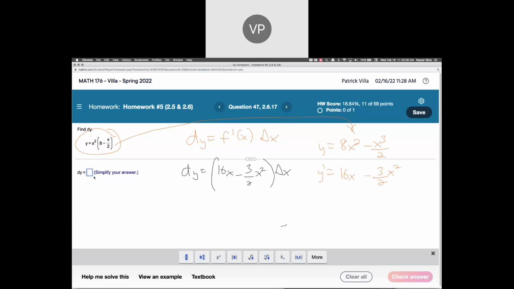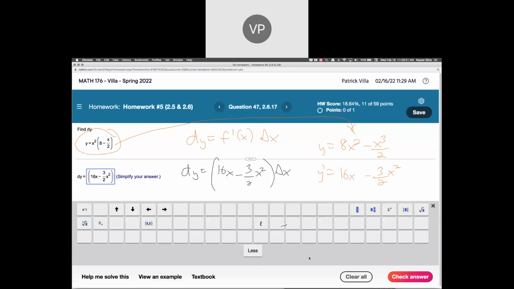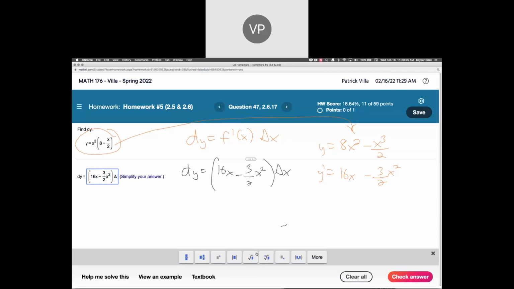So we have 16x minus 3/2 x squared, end of parenthesis, times delta x. I know we have a delta in here somewhere. There's my delta x. See what we got.